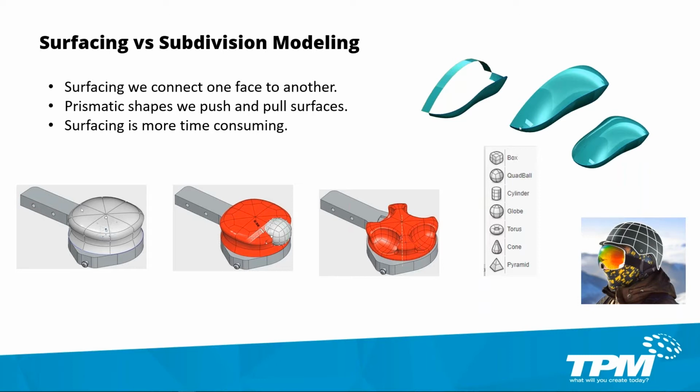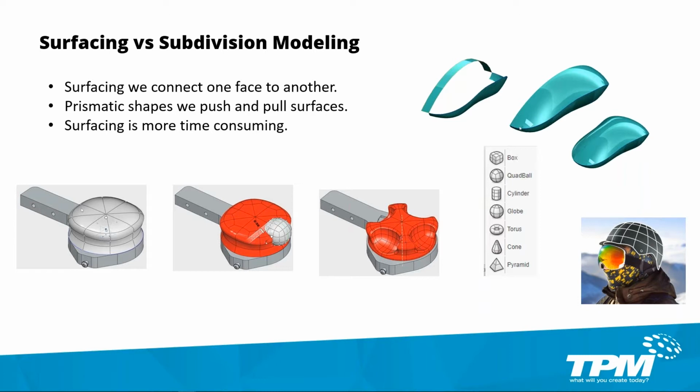Introducing subdivision modeling. With subdivision modeling, users can achieve smooth transitions automatically while they design. You can still use traditional surfacing techniques if needed, as well as add or subtract one shape from another. This can be done by using 3D primitive shapes.